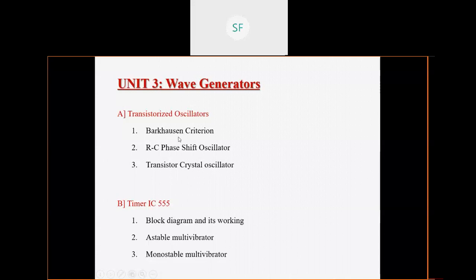The first one is the Barkhausen criteria. There was a scientist named Barkhausen, and he gave one criterion, and he told that for any electronic circuit, in order to behave as an oscillator, it has to satisfy this particular criterion. If the circuit satisfies that criterion, then only it will behave as an oscillator.